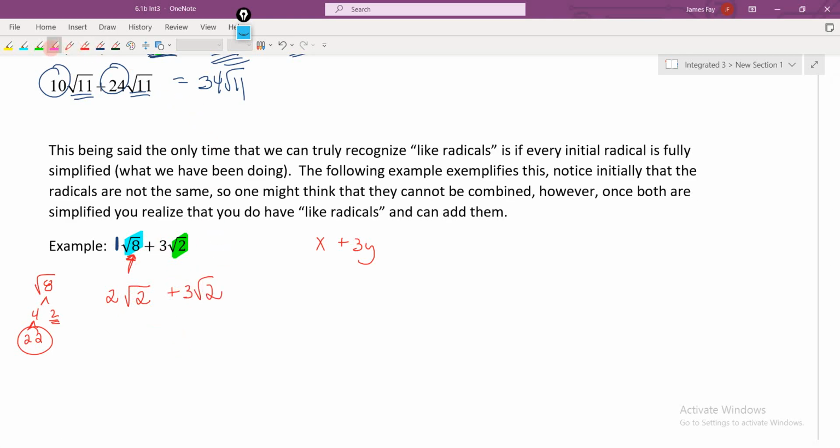Now my hope is that you can see that now the radicals are the same. So because the radicals are the same, now you can do the addition with the numbers out front. So now we get 2 plus 3 is 5, radical 2, 5 radical 2's.